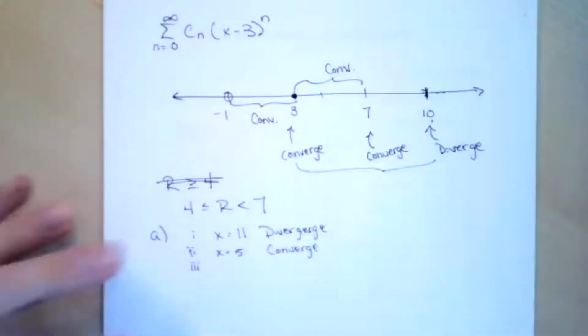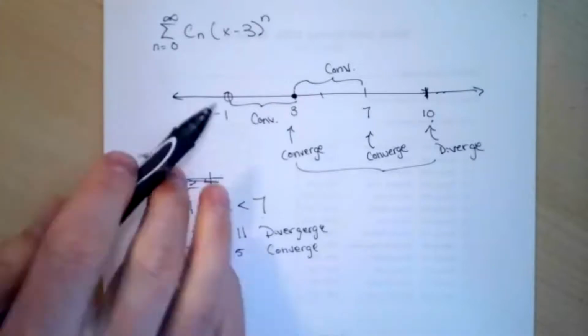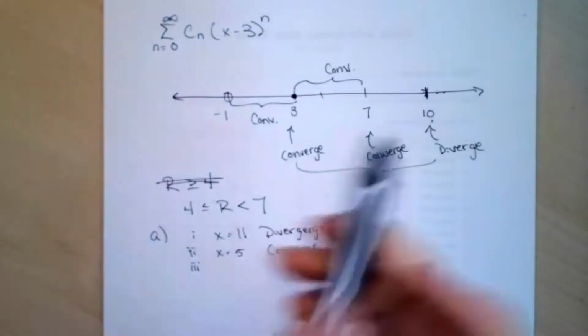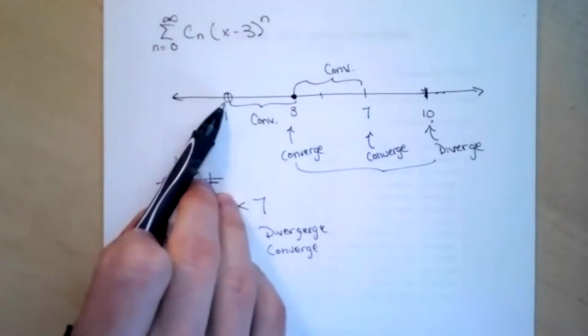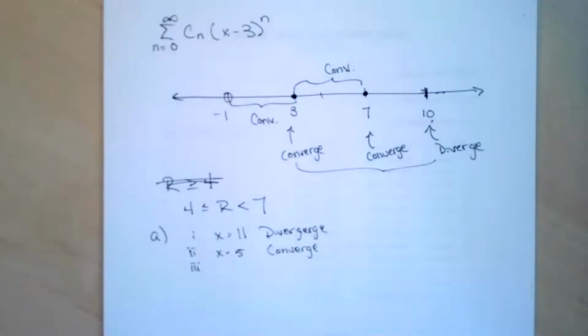It's got to be symmetric. In fact, if you're clever, you could probably deduce that it will converge at this -1. Since it converges at the right endpoint, you can show that it'll probably converge at this left endpoint by a clever alternating series argument.